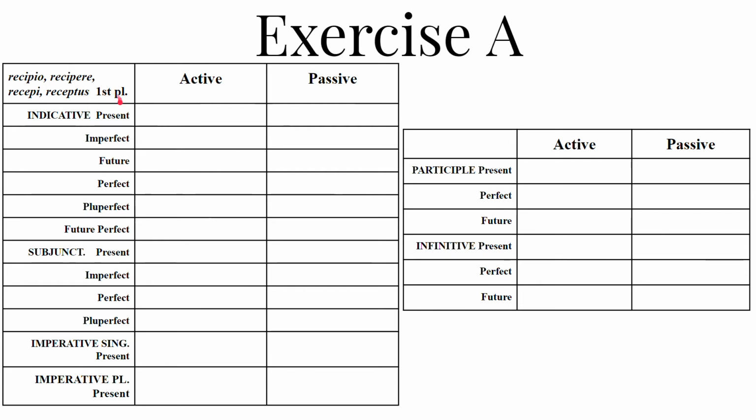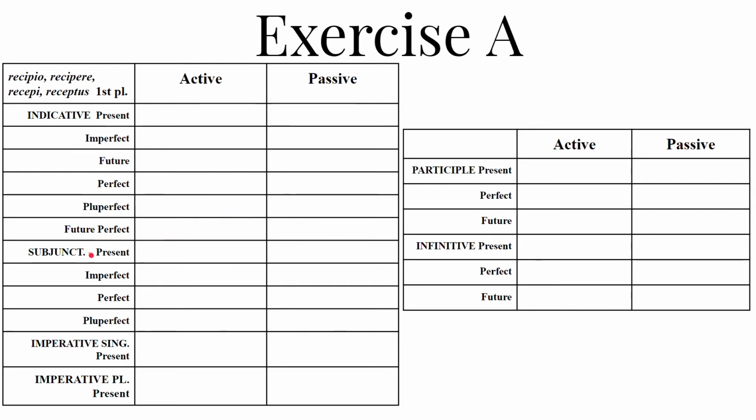Now we are dealing with a plural person, so make sure that the us becomes plural: recepti, ae, a, for the masculine, feminine, and neuter. So recepti, ae, a, sumus. Recepti, ae, a, eramus. Recepti, ae, a, erimus.